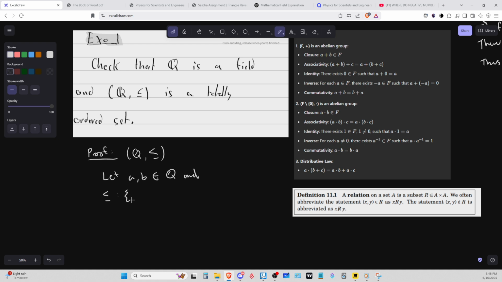So the ordered pair of A and B, things such as A and B are... I don't know if that's the right way to think of it.